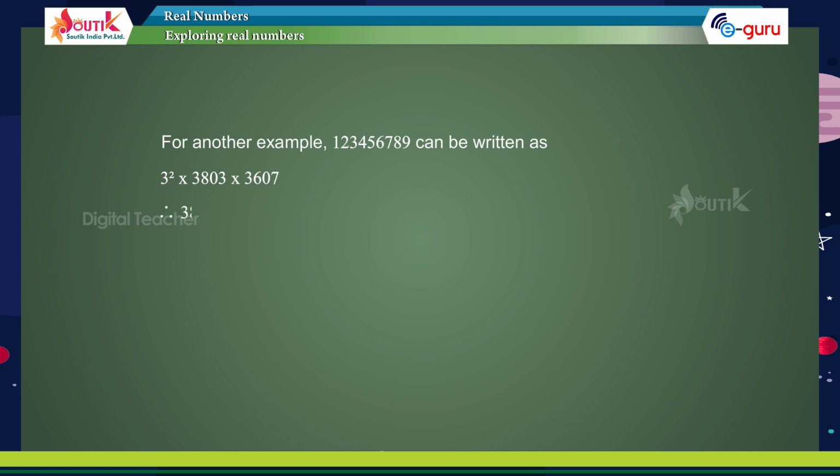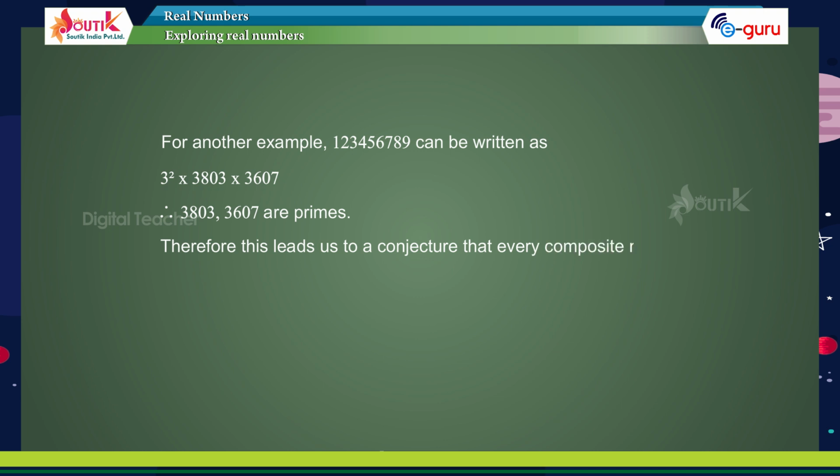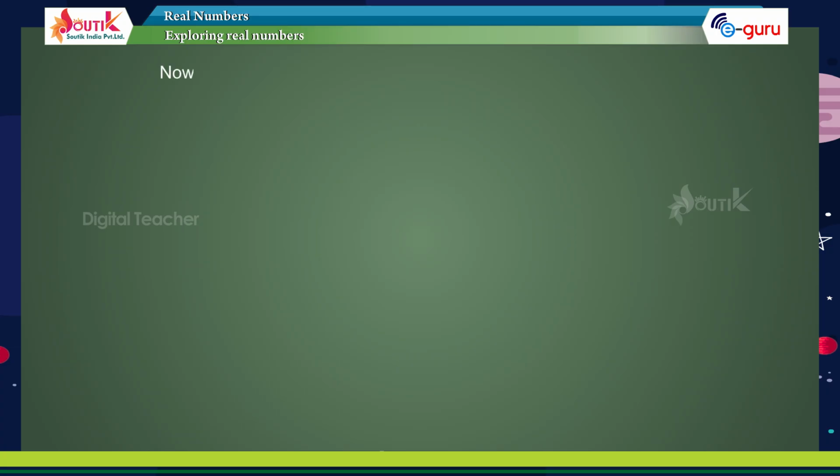Here 3,803 and 3,607 are primes. Therefore, this leads us to a conjecture that every composite number can be written as the product of powers of primes. Now, let us try and look at natural numbers from the other direction.